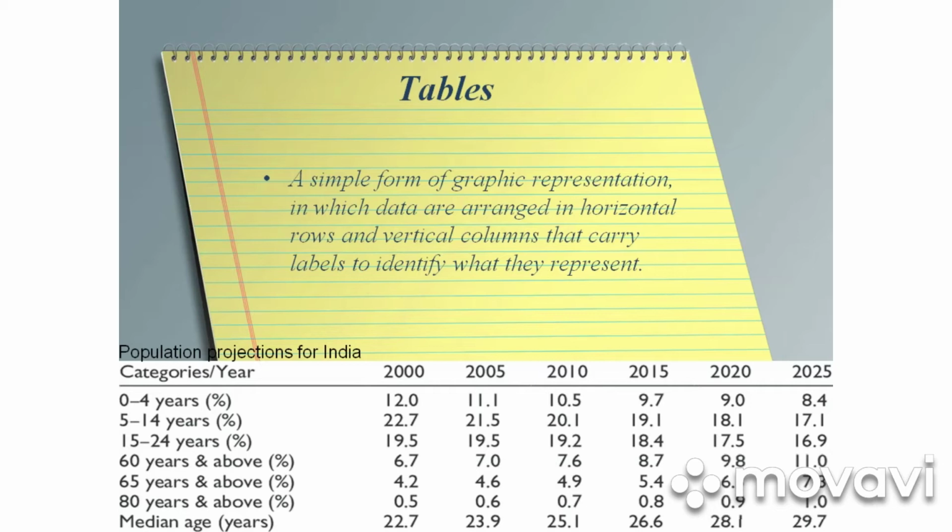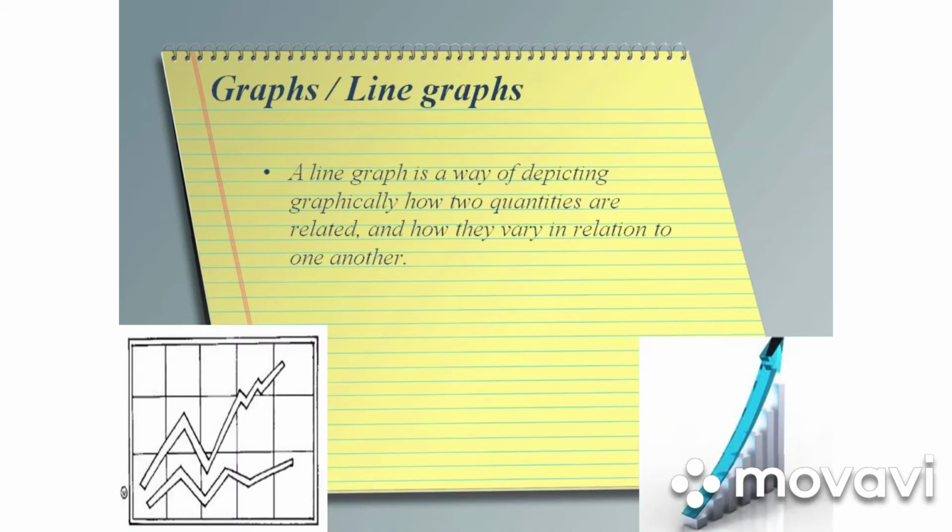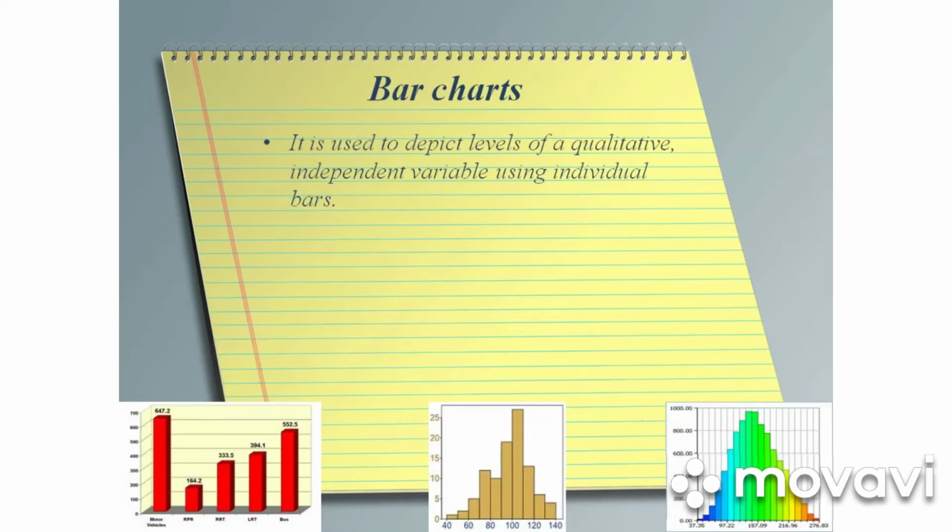How that changes every 5 years. Let's move to graphs or line graphs. A line graph is a way of depicting graphically how two quantities are related and how they vary in relation to one another.